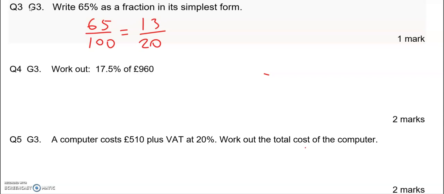In question number 4, we've got to work out 17.5% of 960. So with the calculator, that is straightforward. 17.5%, which means out of 100 of the 960.